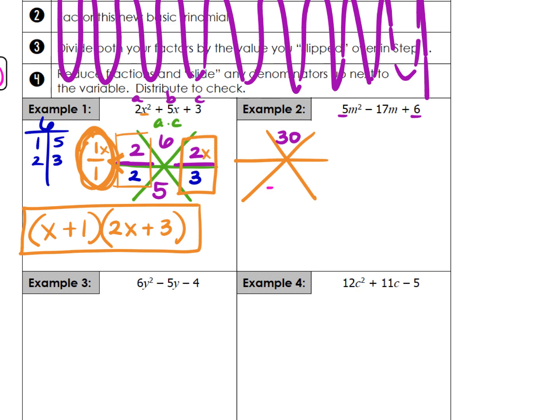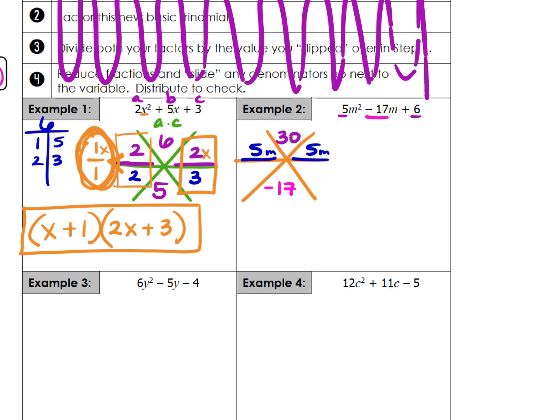Negative 17. That's your B term. Now, what goes here and there? The 5. You can put the M if you want, to help you remember to put the M with that number, but that's a 5. And 5 goes up top.